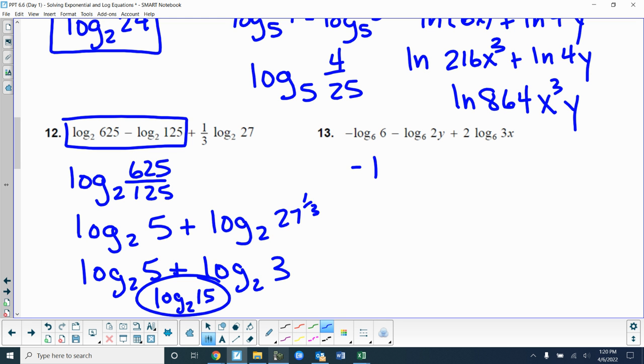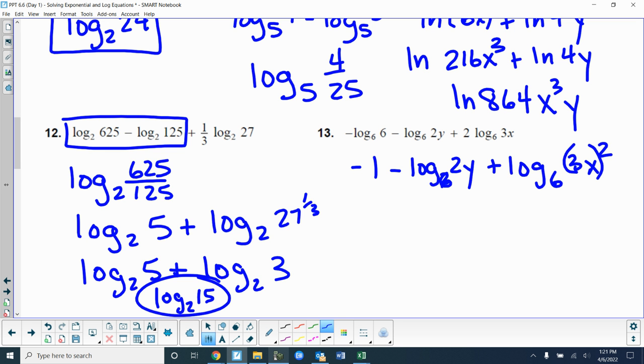Okay? And then I'm going to do minus this, which means to do what then? Divide, right? You put log 2 instead of log 6. Yeah. Thanks. And then this over here, I can move the 2 there, right?